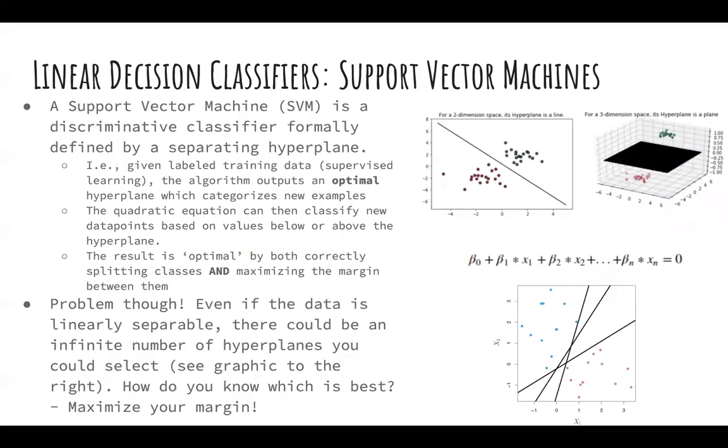So if you think about methods that you can use for classifying your data, conceptually this borrows from both KNN and logistic regression.